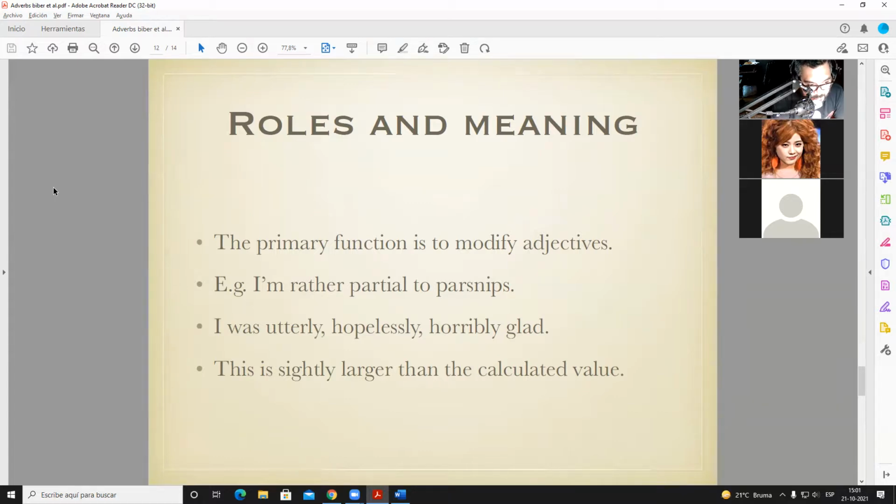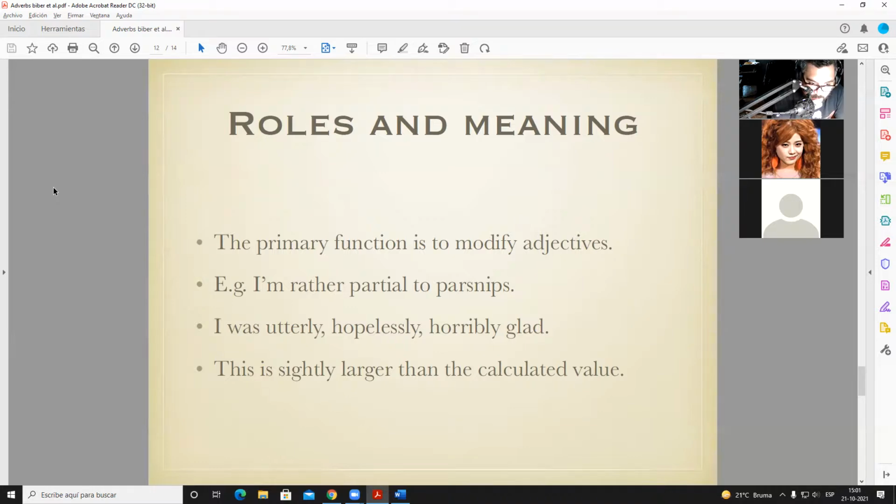Second example, the very same idea, but there you can see how an adjective phrase can have three different adverb premodifiers: utterly, hopelessly, horribly glad. Third example, this is slightly larger than the calculated value. Then you have this adverb slightly, right?